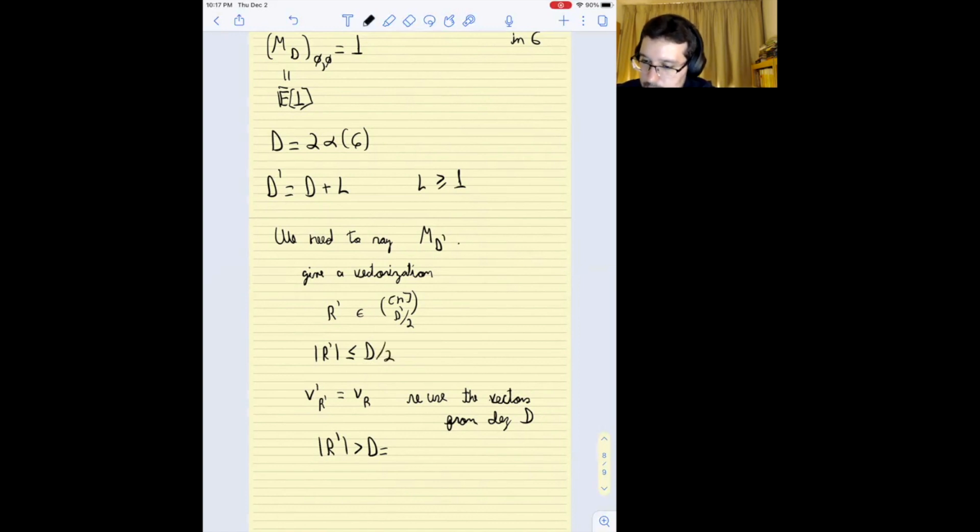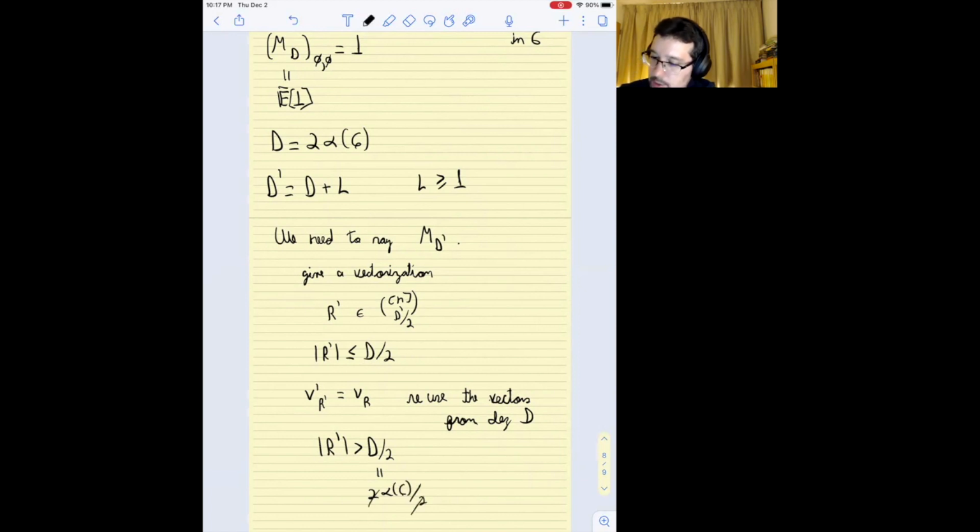All right, this is good, to be consistent with what we had before. If it's greater than d over 2, we already know that, and what is d? We chose d so that this is 2 alpha(G) divided by 2.